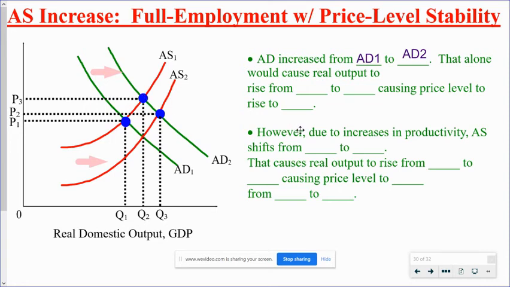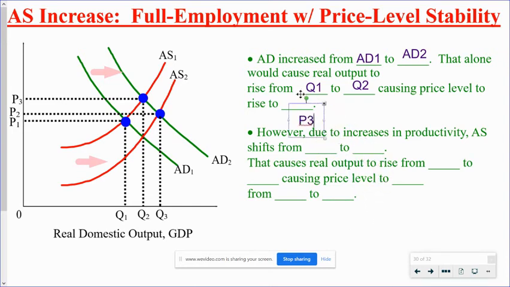And therefore, that alone would cause real output to rise from Q sub 1 to Q sub 2. And the price level is changing also. The initial price level was at P sub 1, but now we're at P sub 3.